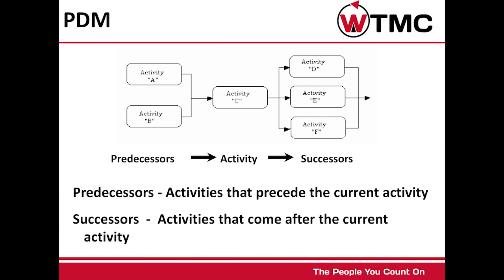Take a moment to again review the chart below, and you will see the example of predecessors, the activity in focus, and the successors. Predecessors are activities that precede the current activity. Successors are activities that come after the current activity.